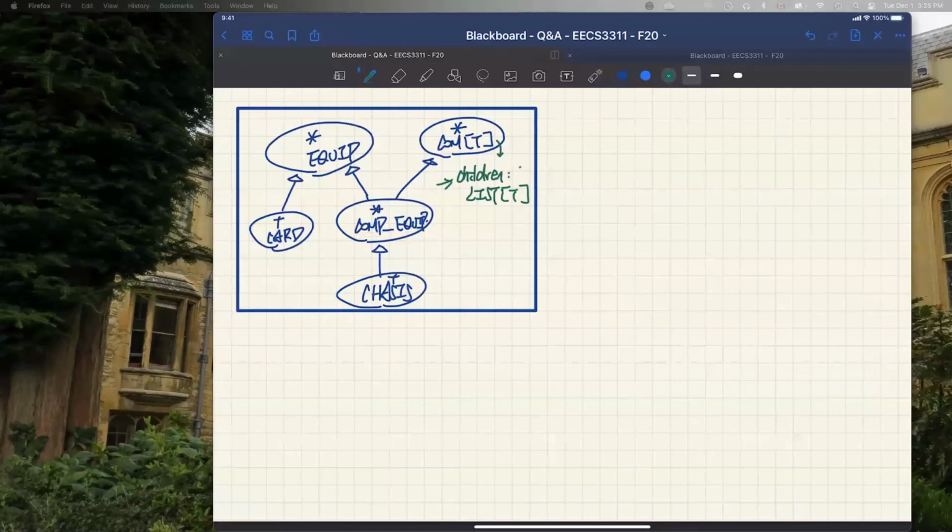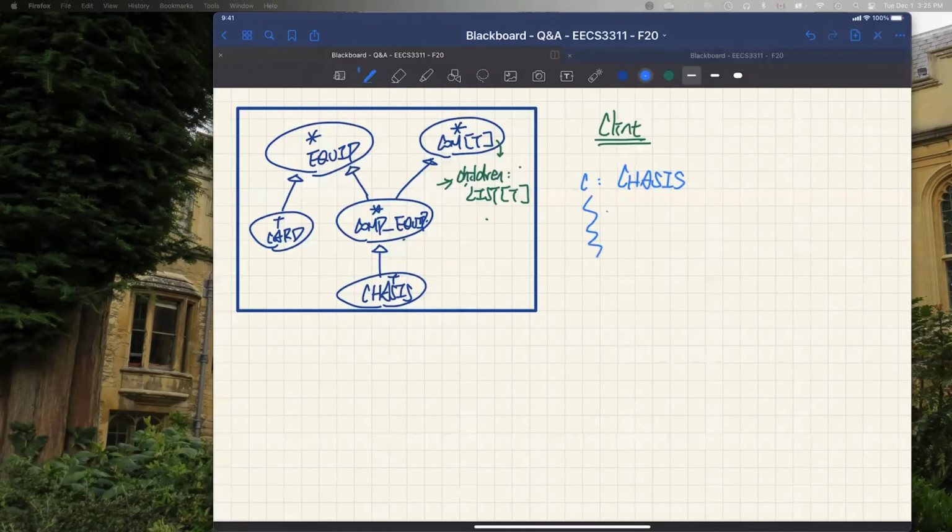So now think about it on the client side. Apparently children will be inherited to the composite equipments, meaning that if I got a code like this, for example, if I say C of type chassis, and then I simply do a little bit of manipulation here.